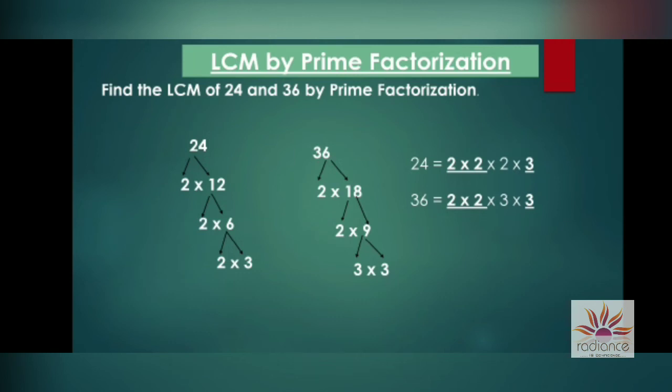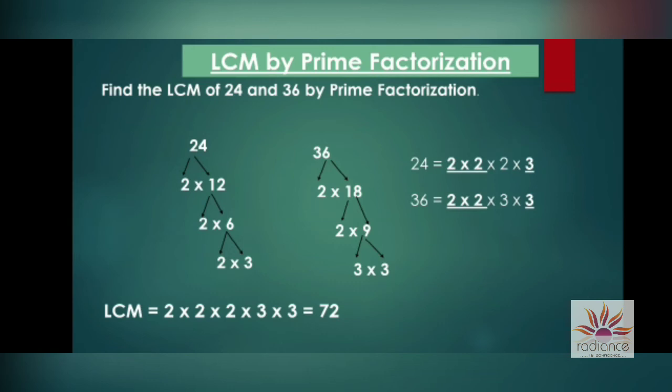So while finding out the LCM, we need to find out the product of common as well as uncommon factors. And how are we going to do that? Let's have a look. The LCM of 24 and 36: for that we first need to find the product of common as well as uncommon factors.